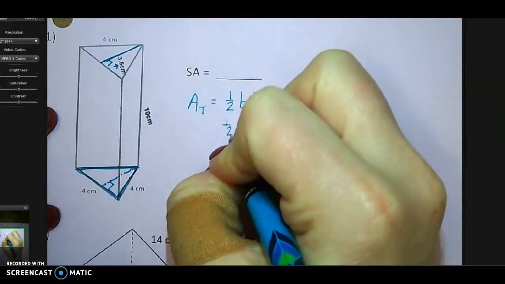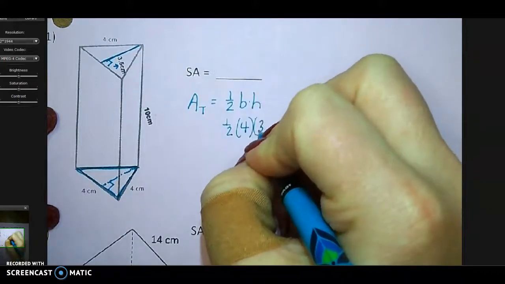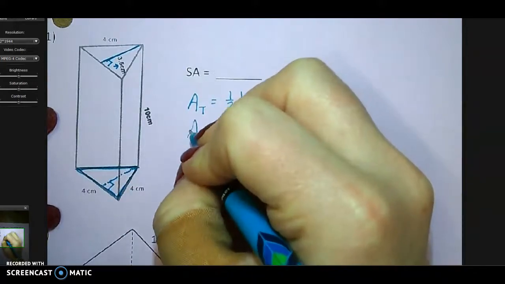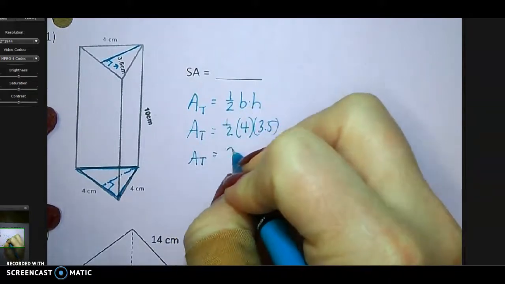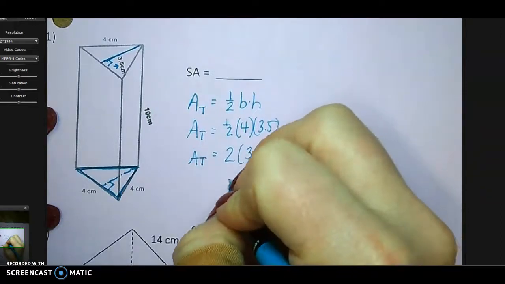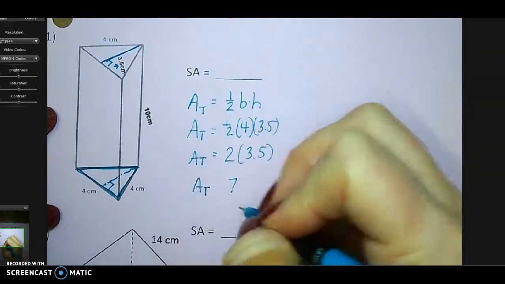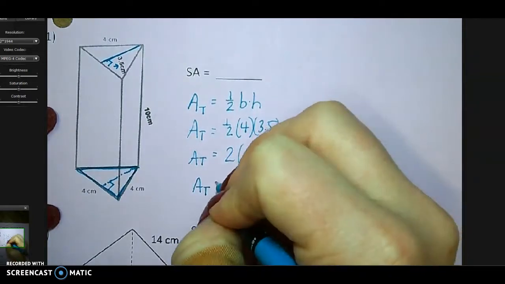And that means 1/2 the base is 4, because that's the side length, and then the height is that 3.5. So the area of my triangle is going to be 2, because half of 4 is 2, times 3.5, which is 7. So the area of one triangle is 7.